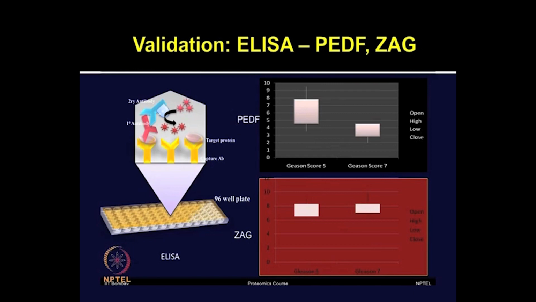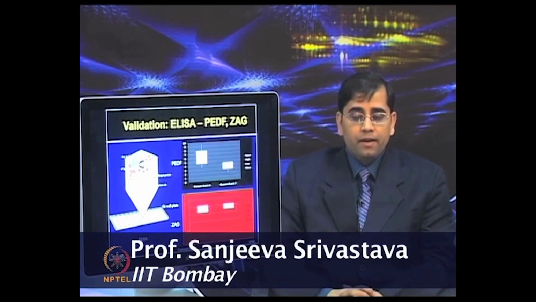So, the PEDF levels were quantified using an ELISA kit, and the results demonstrated, as you can see in the slide, a statistically significant decrease in PEDF in the Gleason score 7 depleted serum group, whereas the results for the zinc alpha 2 glycoprotein ELISA analysis, which is shown in red in the bottom panel, indicated a 1.4-fold increase in zinc alpha 2 glycoprotein absorbance in the Gleason score 7 group.